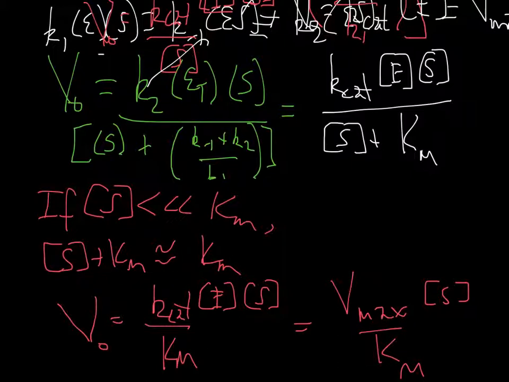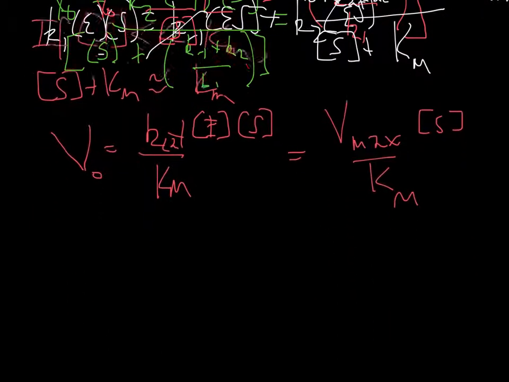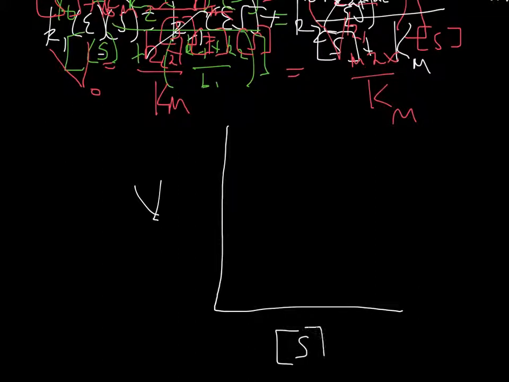Okay, so, whoops. So what this means, now I'm going to draw the actual graph. We have velocity here, which is, remember, the formation of products as a function of time, as a concentration of substrate.